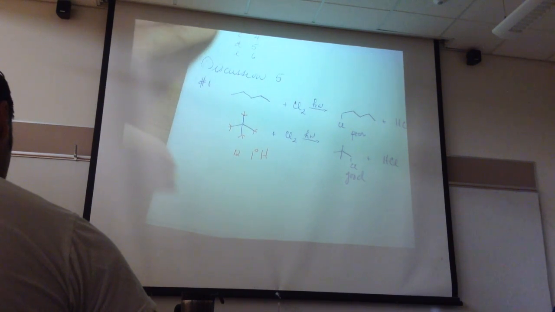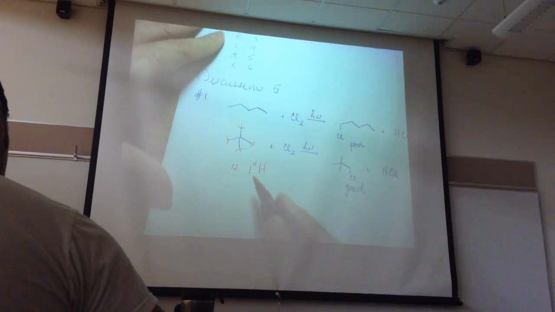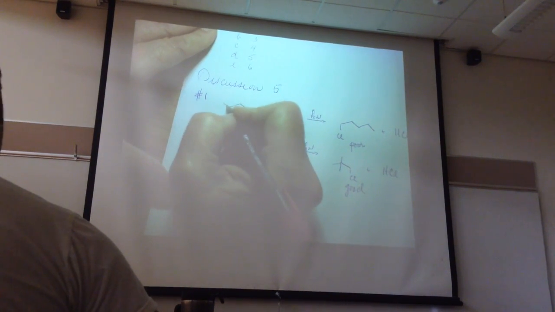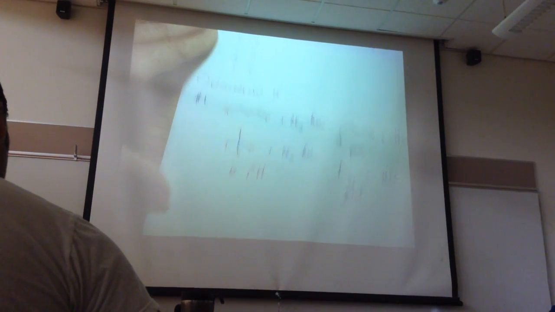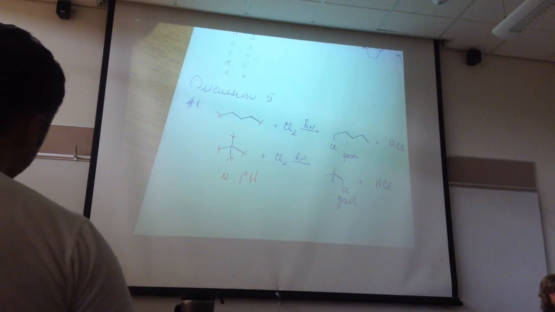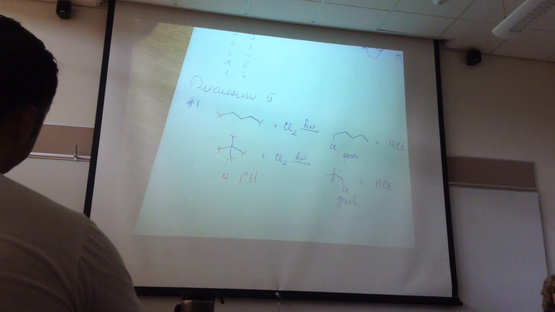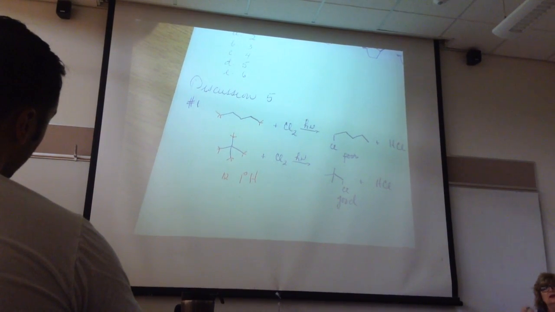When I look at pentane, it also has primary hydrogens, 6 of them, and they're all equivalent. But pentane happens to have other types of carbons with other types of hydrogens that would lead to a more stable intermediate. And the chlorination and bromination of alkanes prefers the most stable intermediate.